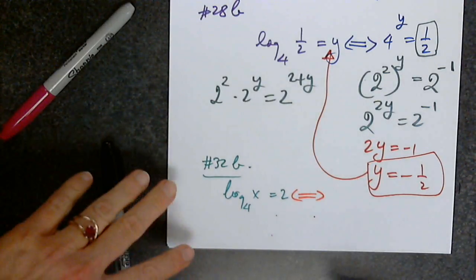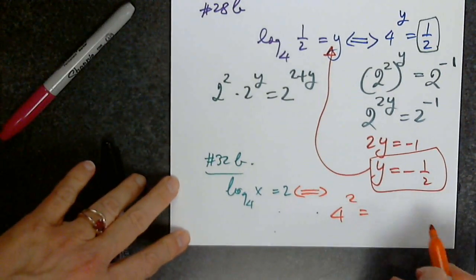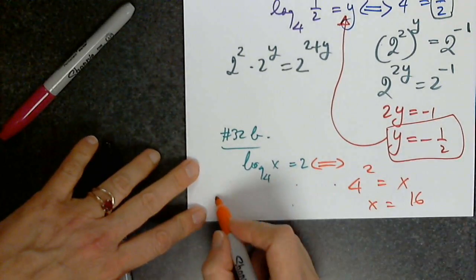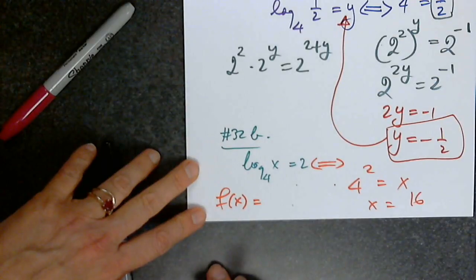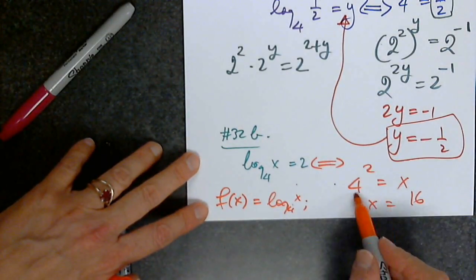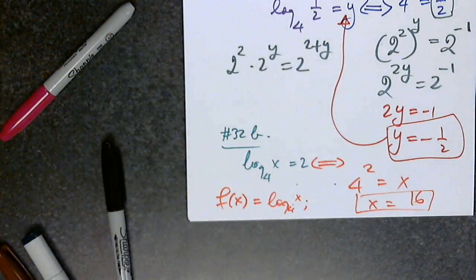So what will you write? 4 squared. 4 squared equals? Good, which means x equals 16. So which function are we really talking about? The function is log base 4 of x, and we are talking about x equals 16. Very good, excellent.